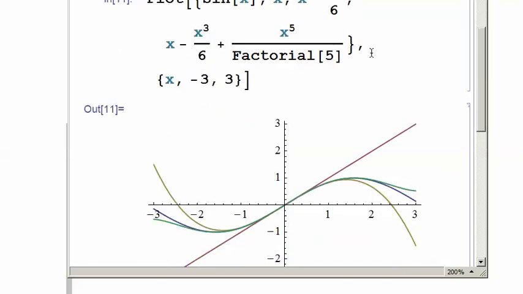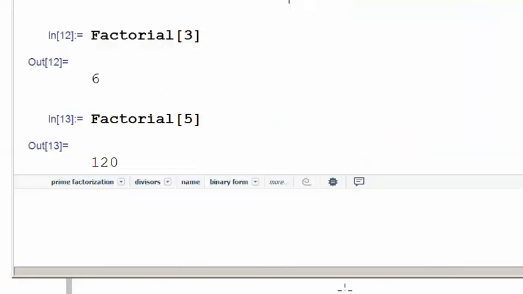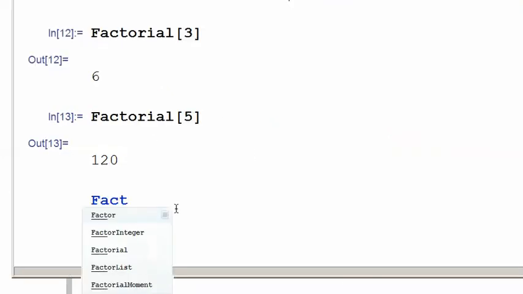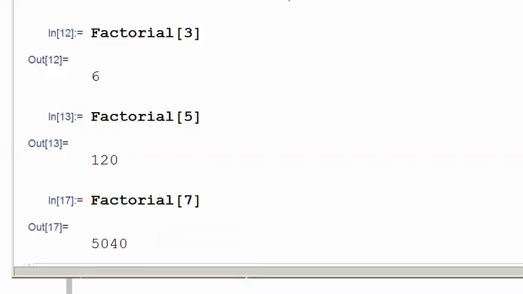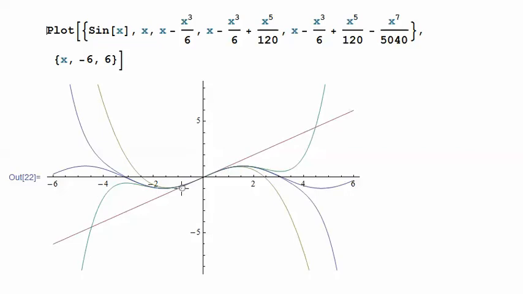And did it get closer? Yeah, I think so. I'll go ahead and find factorial 3, 5, and 7 and just use the numbers. Okay, in any case, here we go.